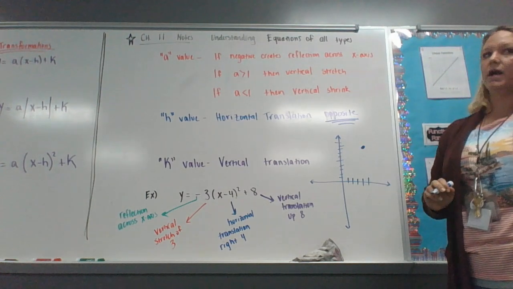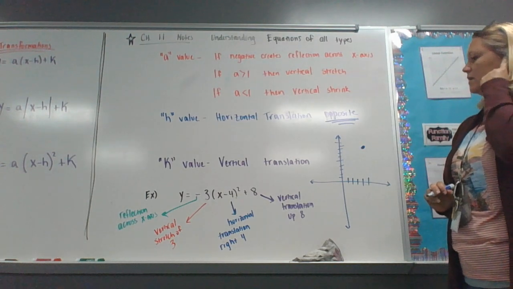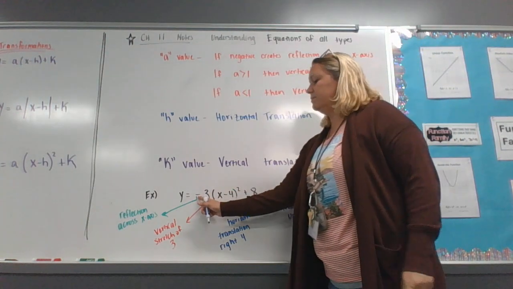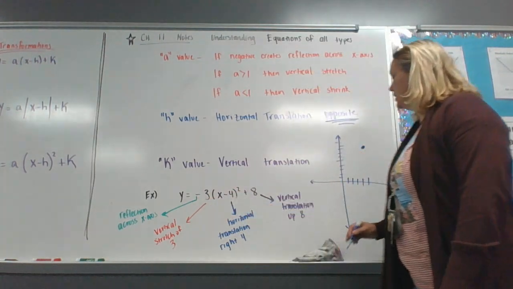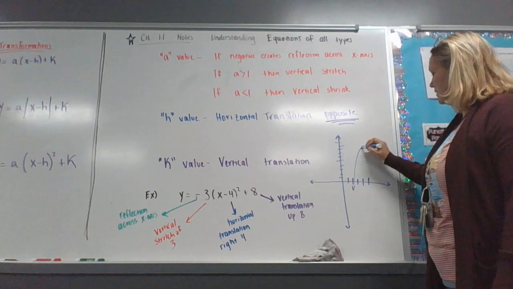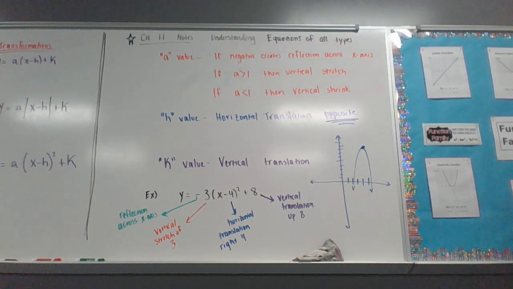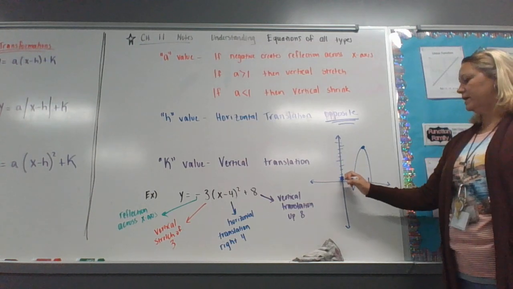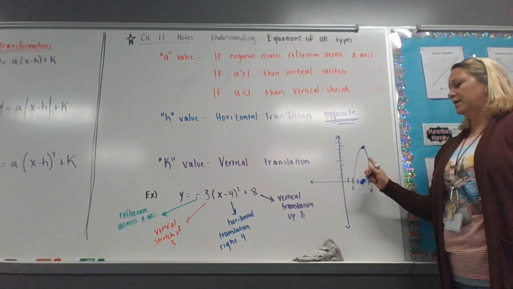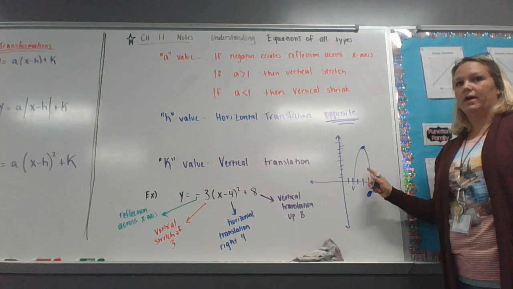I know the middle is right 4 and up 8. I know the arrow should point down, and it's pretty narrow. So that's a quick sketch. That's what I can visualize already just by understanding what A, H, and K do. The original parent is here, and this one I can match up. It's going to look more like that.